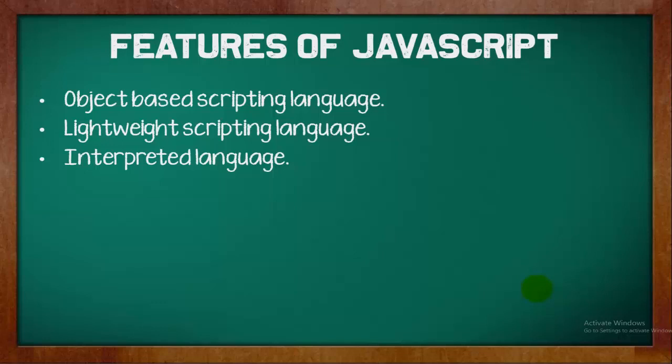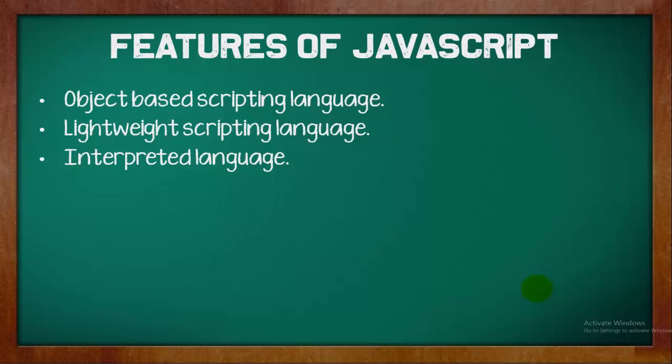But the main important point of a compiler is that it will check all the errors at a stretch. Whereas an interpreter will also check errors and ask you to debug your program, but it will do it line by line. So that is the main reason an interpreter is very slow in nature, whereas compilers are very fast in nature.